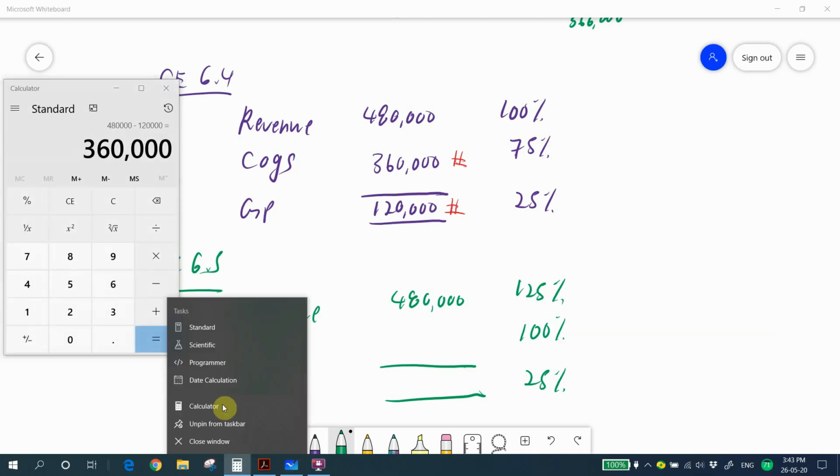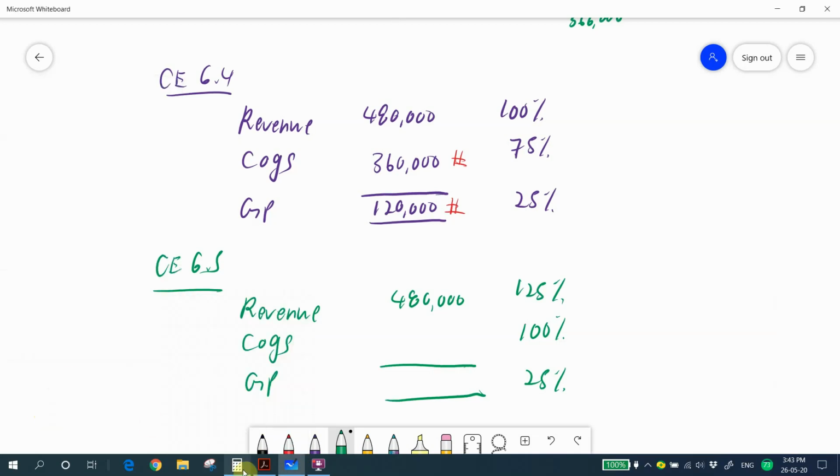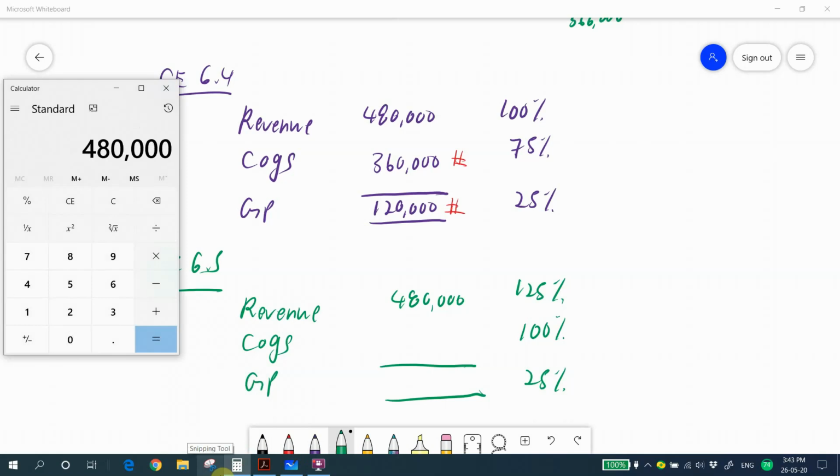Revenue is 480,000, and this 480,000 represents 125%. So how do we get 100%? You divide by 125%. So your answer is 384.